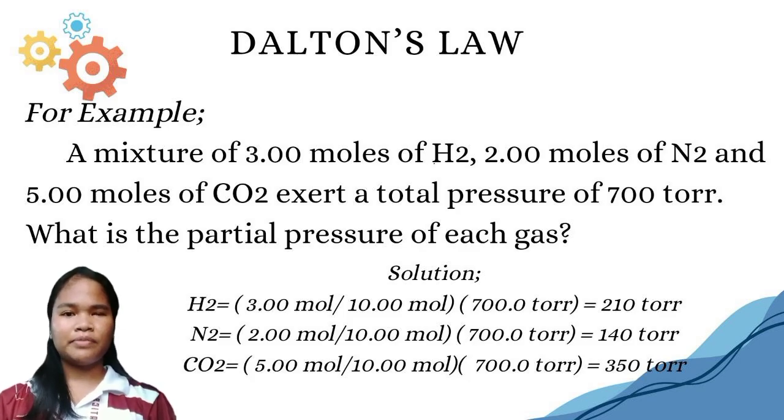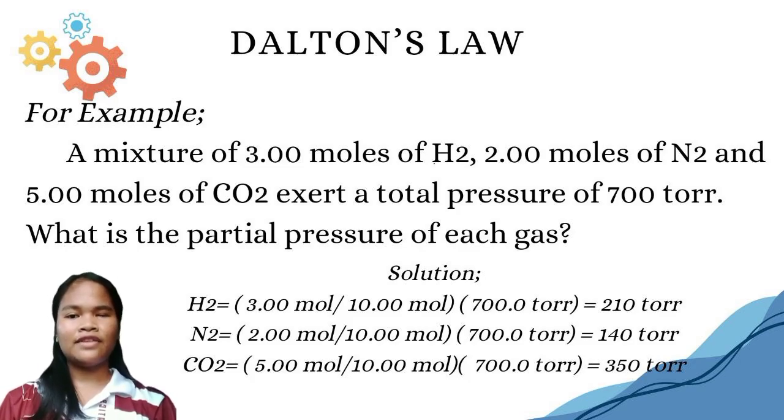What is the partial pressure of each gas? To find out, we have 3 moles of H2 divided by 10 moles, which is the total number of moles of all the gases in the mixture, times 700 torr, which gives us 210 torr.